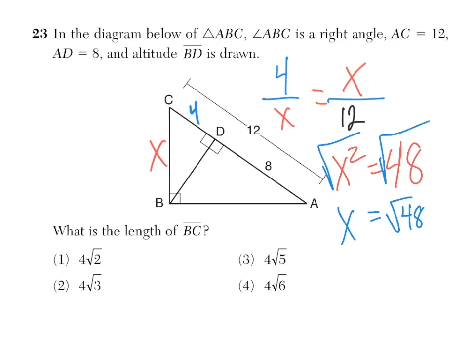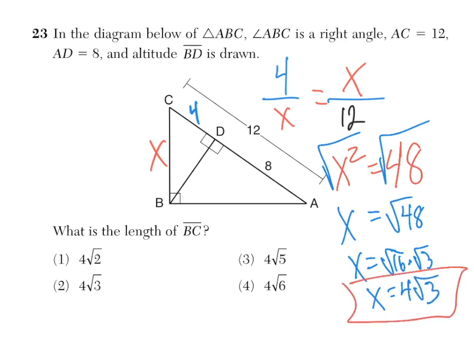There sure is. So we can set this up like radical 16 times radical 3 equals radical 48. And because 16 is a perfect square, I know that we can simplify this to simply 4 radical 3. Is this an option? It is. It's option number 2. Tremendous.